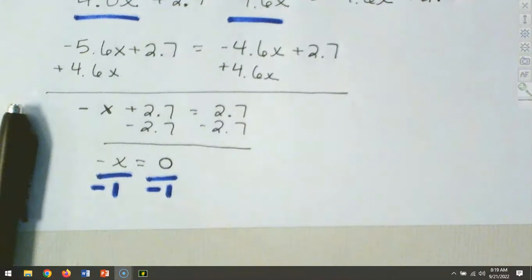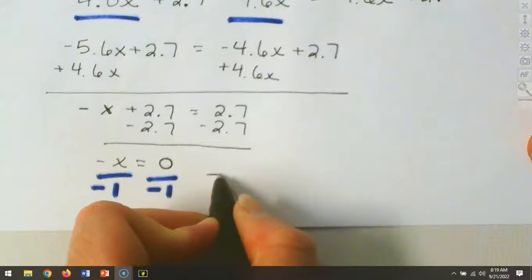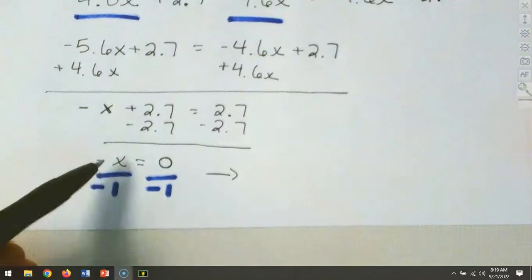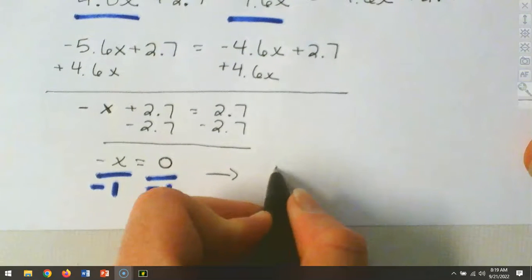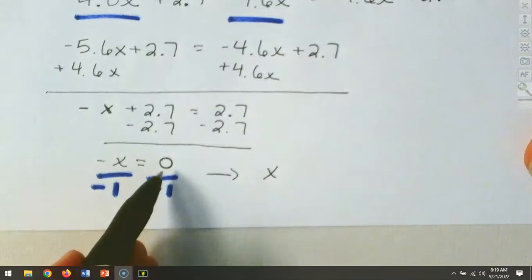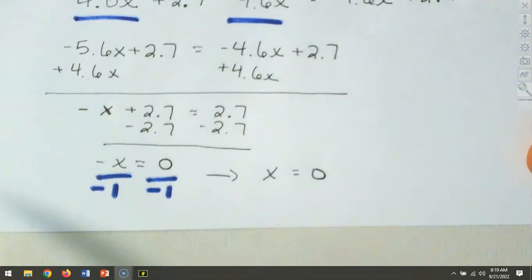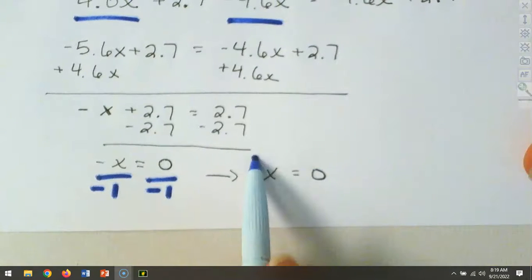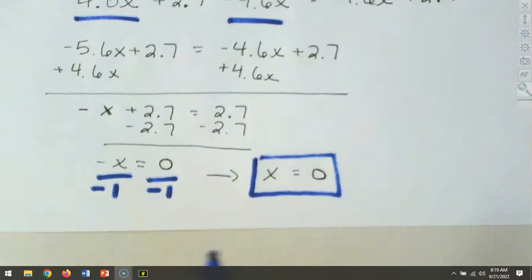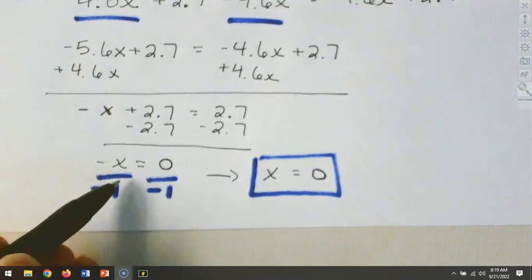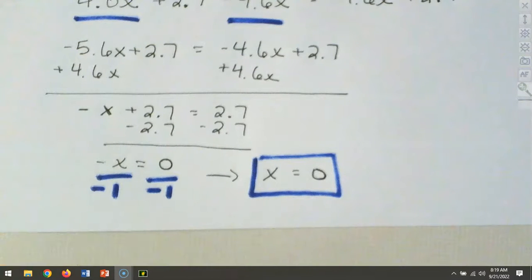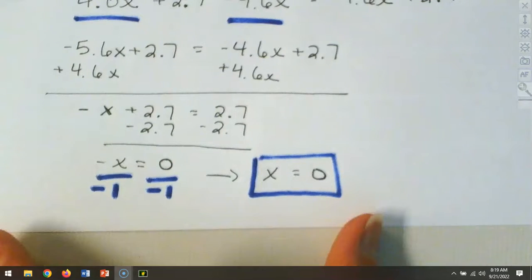Right, and this builds into the next section, because in the next section, we're going to go over a lot more of these. Negative and negative makes it a positive x. 0 divided by negative 1 is still what? Still 0. So what's my final finished answer now? x equals 0. Okay, so whenever you have a negative in front at the end, you can get rid of it by dividing by a negative 1. That goes away because a negative divided by a negative is a positive.